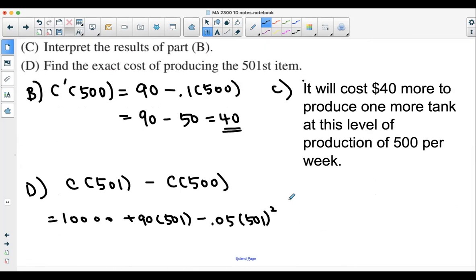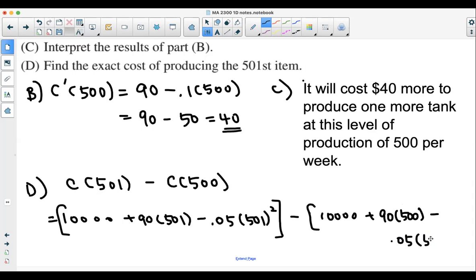Okay, and then that's the first one, minus 10,000 plus 90 times 500 minus 0.05 times 500 squared. So I've got to calculate these two things and then subtract them. I don't think I can do this one in my head. So I'm going to take out my calculator.